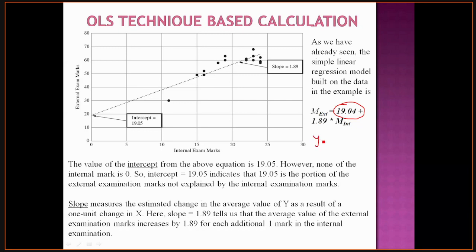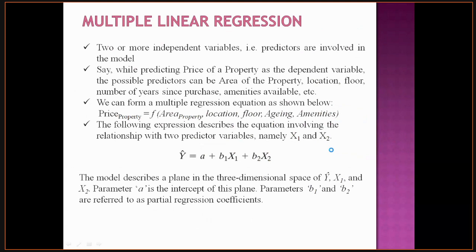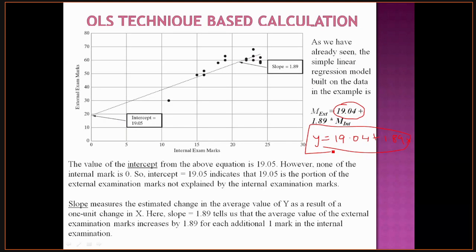Y is equal to 19.04 plus 1.89x. Okay, this is my equation for the straight line. So this is how we derive the straight line equation for a simple linear regression.